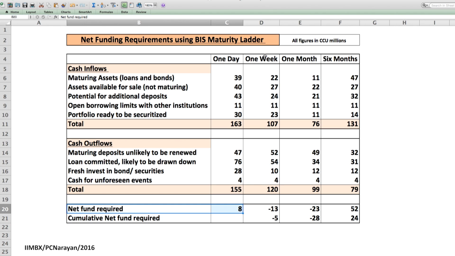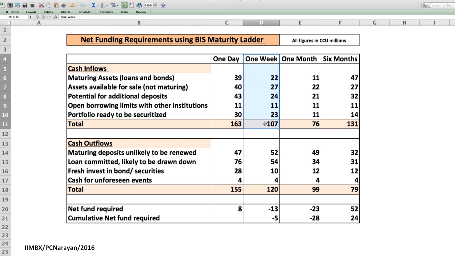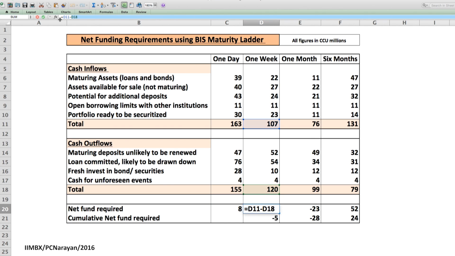Now if you look at the next time horizon, which is 1 week ahead, you have total cash inflows of 107, total cash outflows of 120. So the institution is out of the money by 13 million. That's why the negative sign, which is arrived at as the difference between 120, which is the cash outflow, and 107, which is a cash inflow.